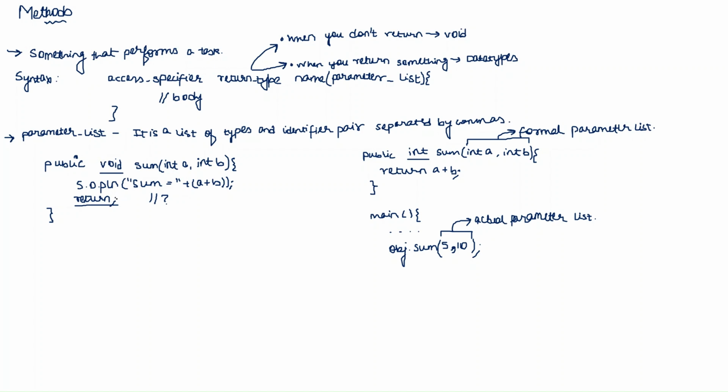It's just used like a break statement to go out of the scope of this particular method. So this is correct, you can use it, but it is optional. It won't make any difference whether you use it or not if your return type is void.